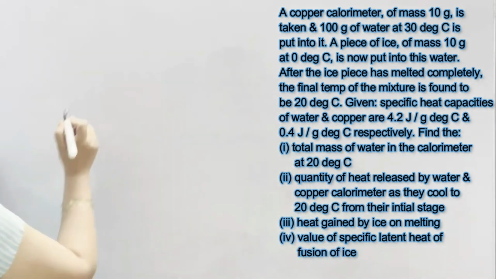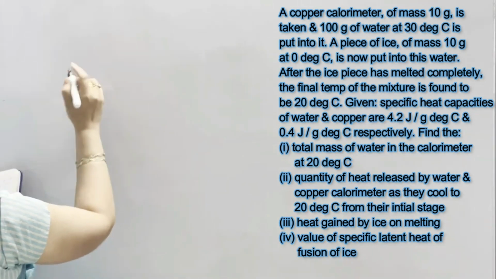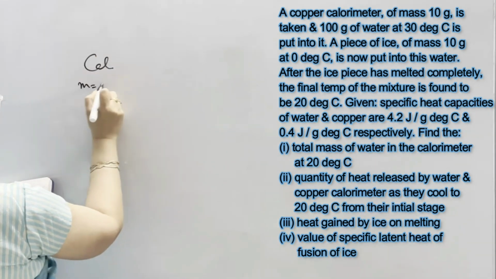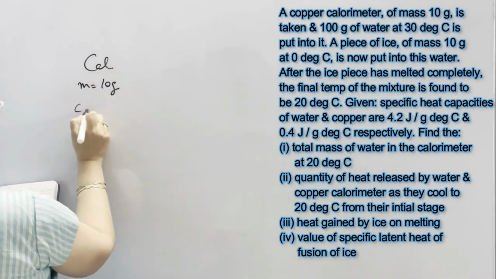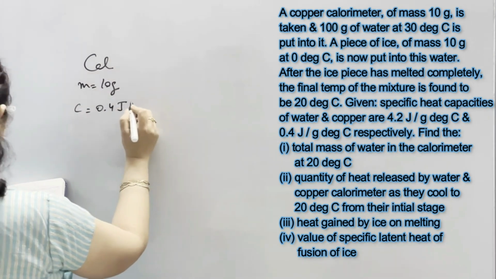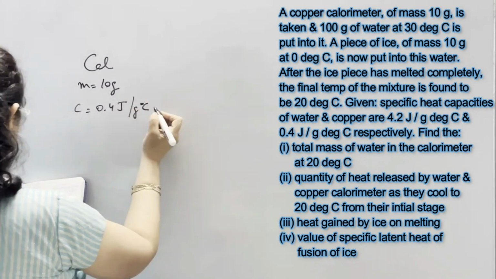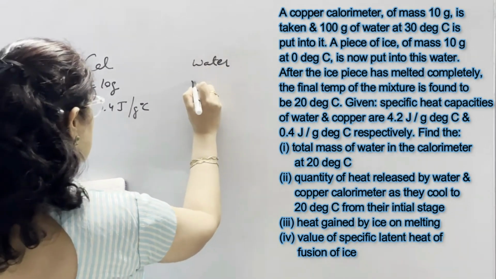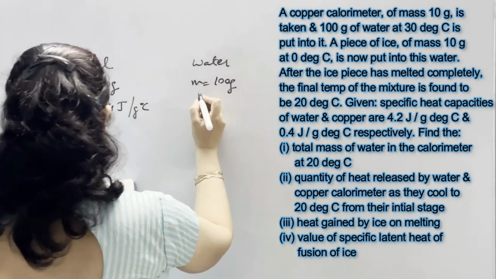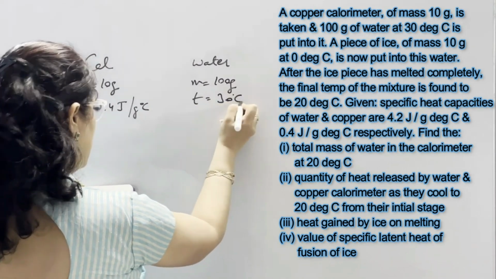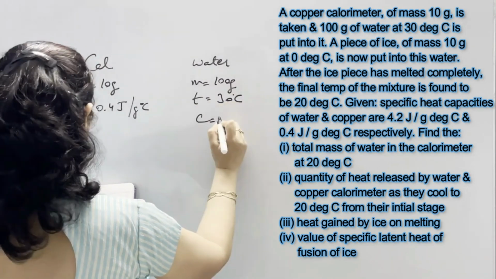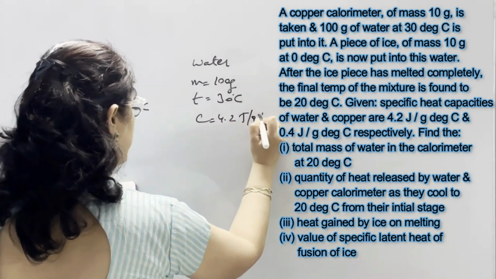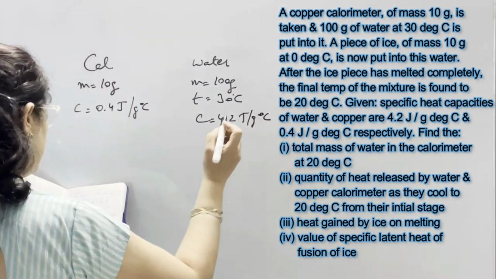So, in the first part, we need to draw columns separately for calorimeter, water and ice. For calorimeter, mass is given as 10 gram and C is given as 0.4 joule per gram degree Celsius. For water, mass is given as 100 gram, temperature is 30 degrees Celsius and C is 4.2 joule per gram degree Celsius.